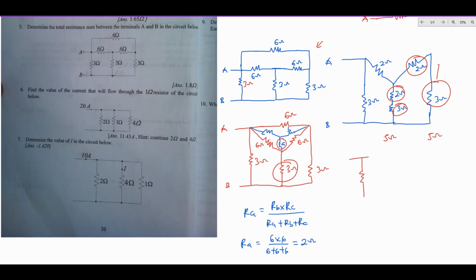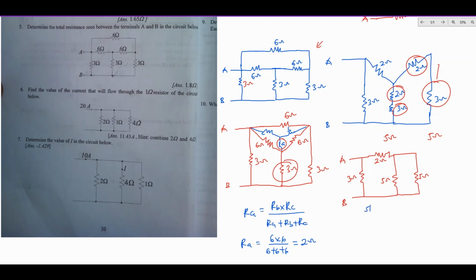We have 2 ohms here, and then we have another resistor here also. So this is terminal B, this is terminal A. We have 3 ohms here, we have 2 ohms here, and then we have 5 ohms here, and another 5 ohms here. You see that those two 5 ohm resistors are in a parallel connection.